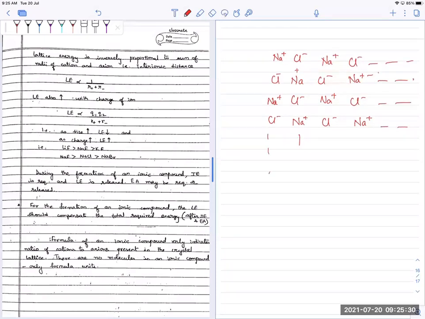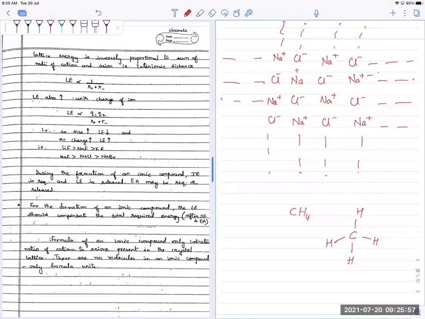Whereas when I talk about a methane molecule, CH4, if I take a carbon, it is bonded to 4 hydrogens, and I can separate out one methane molecule. But in the case of sodium chloride, there is no concept of separation of one molecule.